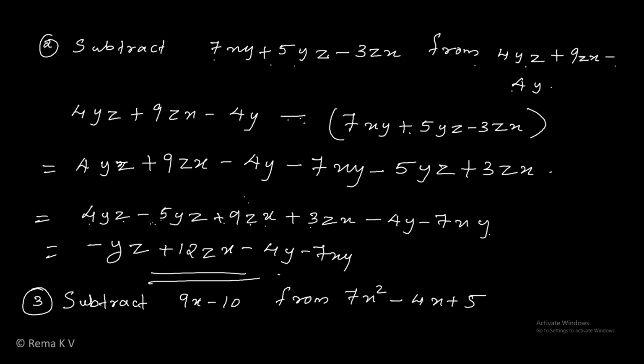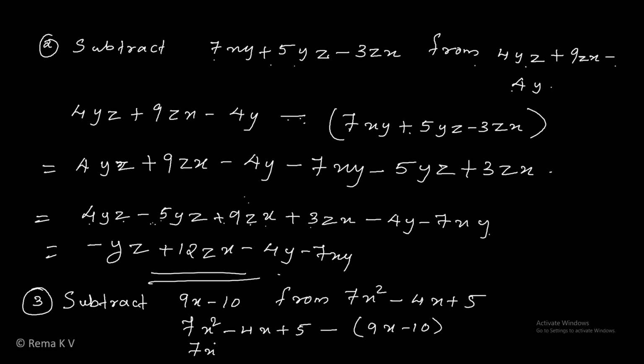From this expression, 7x square minus 4x plus 5, we have to subtract 9x minus 10.